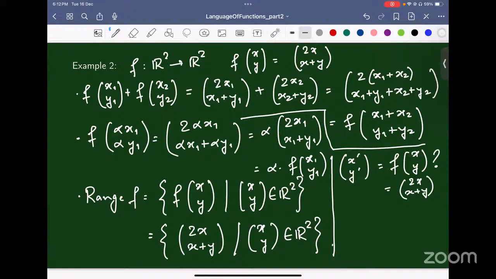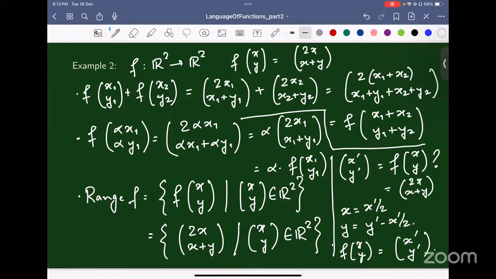So I want x prime to be 2x. So let me take x to be x prime by 2. And I take y to be y prime minus x prime by 2. Now if I apply f to this (x, y), I will end up getting (x prime, y prime).